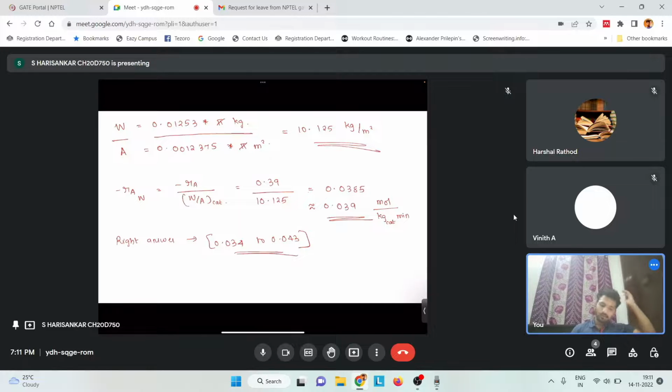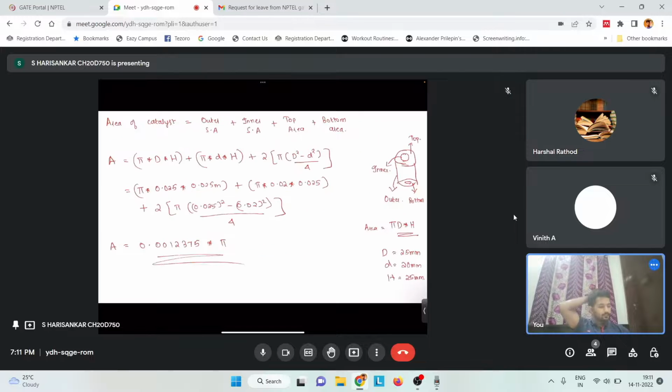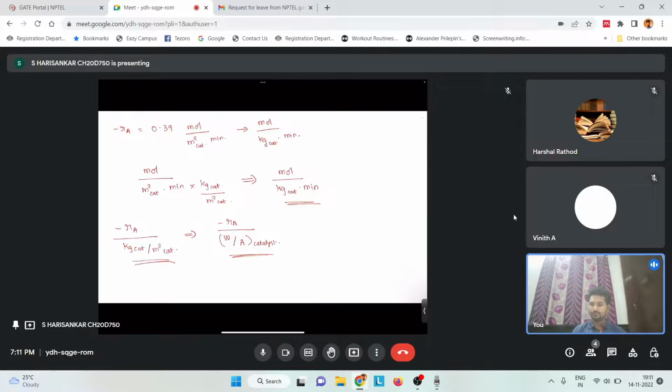Right? So this is just converting the units of our reaction rate to kilogram catalyst from meter square catalyst. So I hope you guys understood the conversion basically. What we are doing is trying to convert a reaction rate given in terms of mole per meter square catalyst per minute to mole per kilogram catalyst per minute.